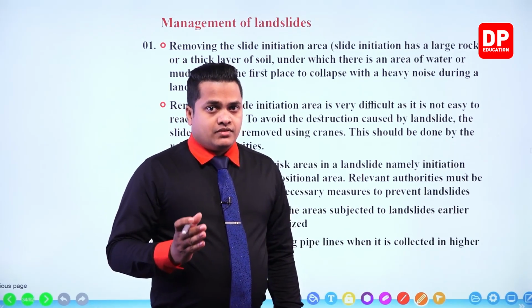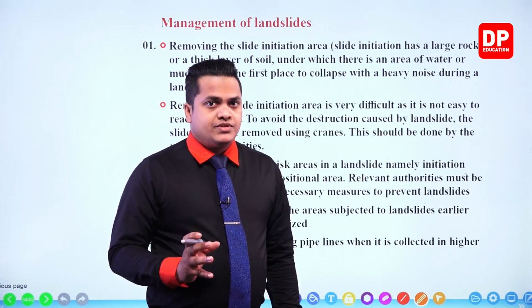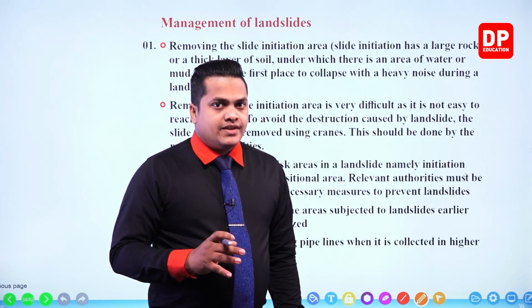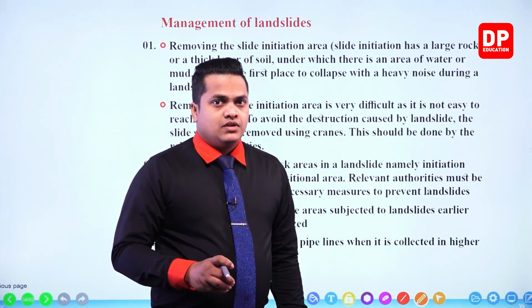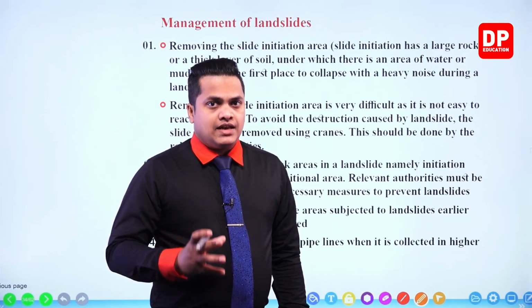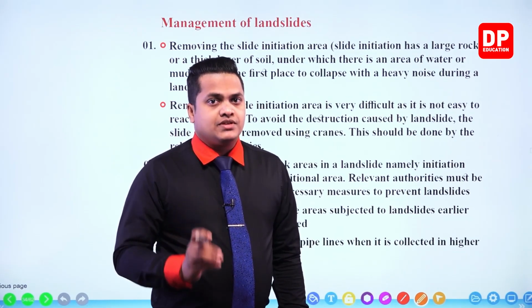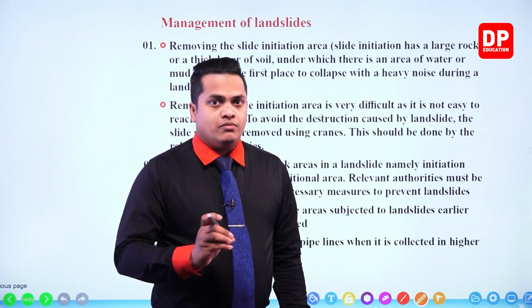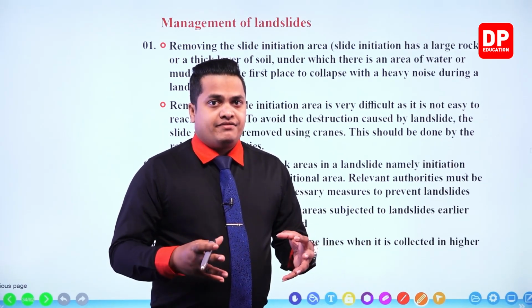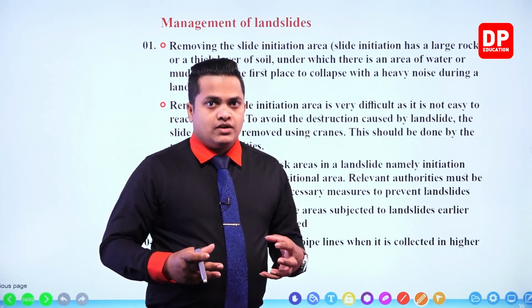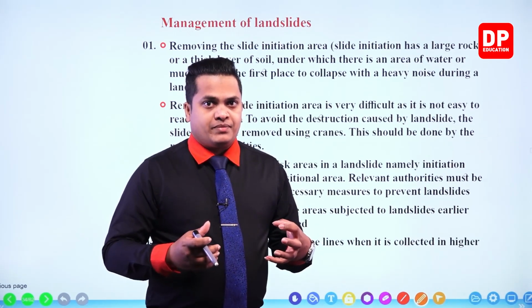So it's really important to observe these things, my dear children. People should observe. If they are living in a hill area, then they should observe the mountain during the rainy season. If a landslide is going to occur, there can be pre-signs.